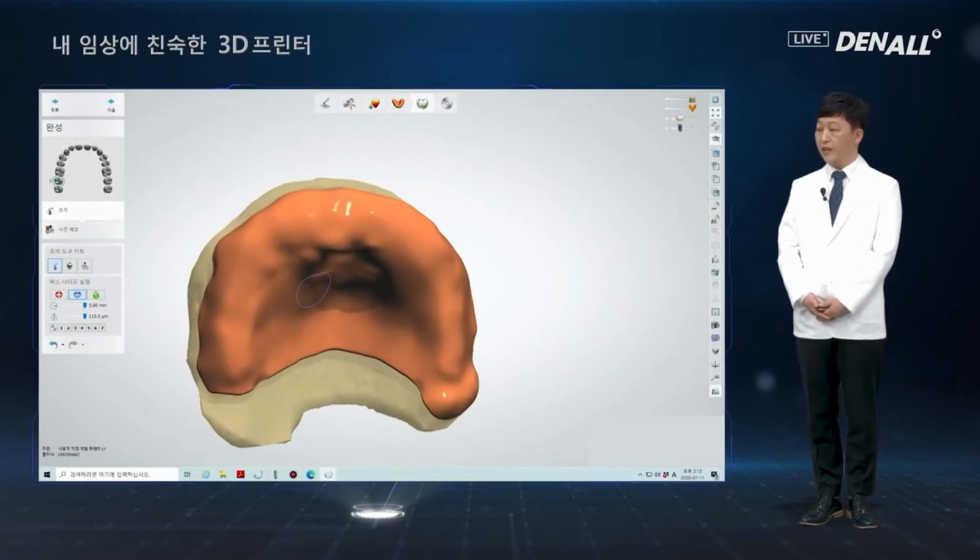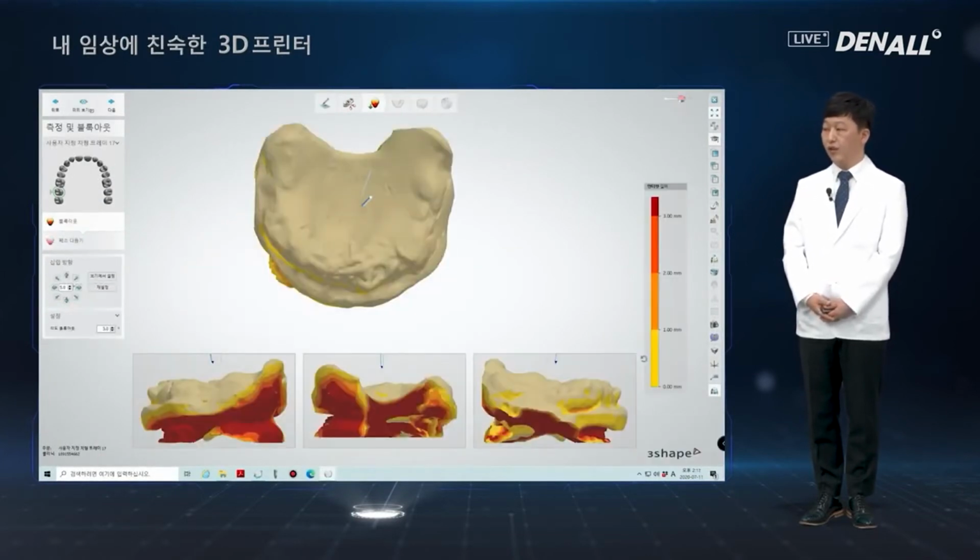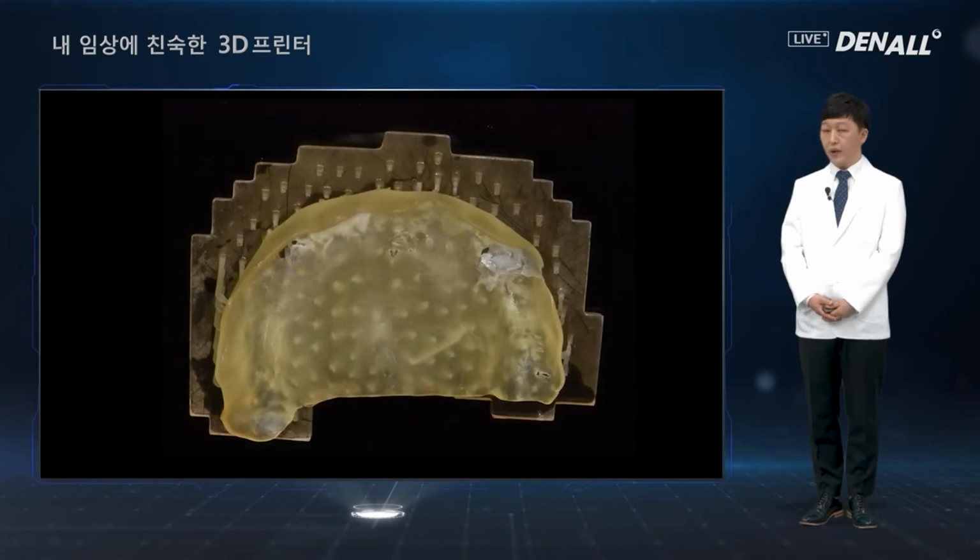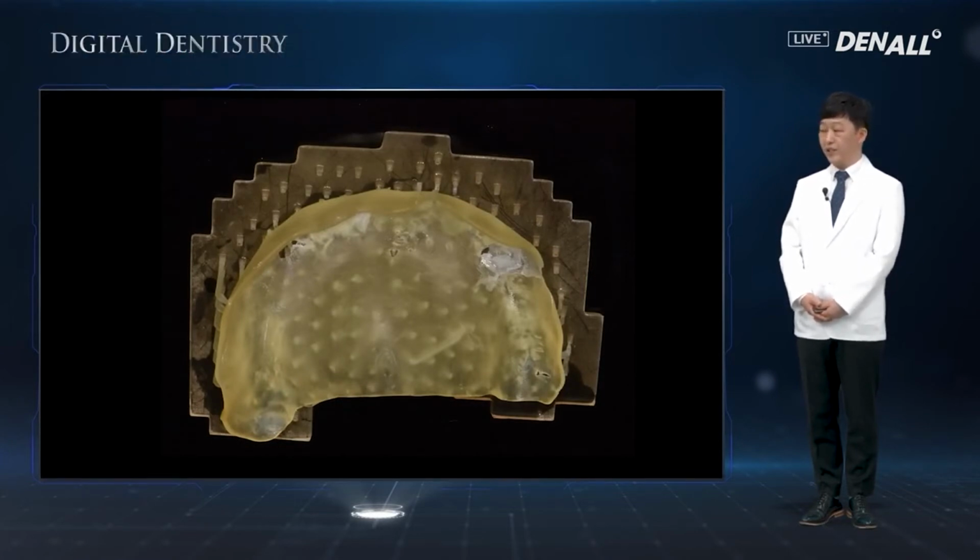Like this, the base was made. As such, the base was printed for a recording base. If the thickness is too thin, there are areas that are not printed properly, but it's not a problem to be used as a recording base.